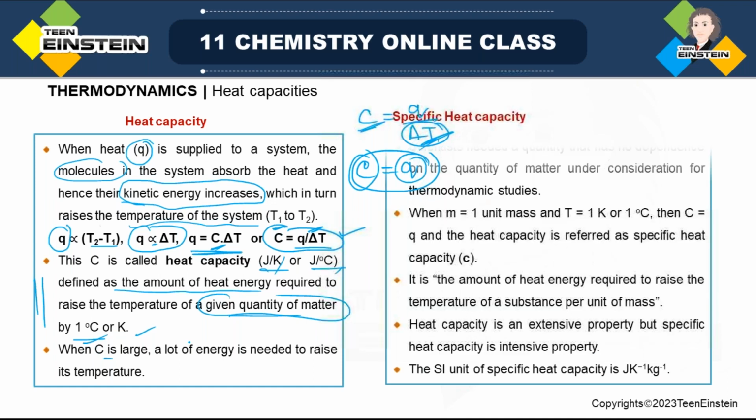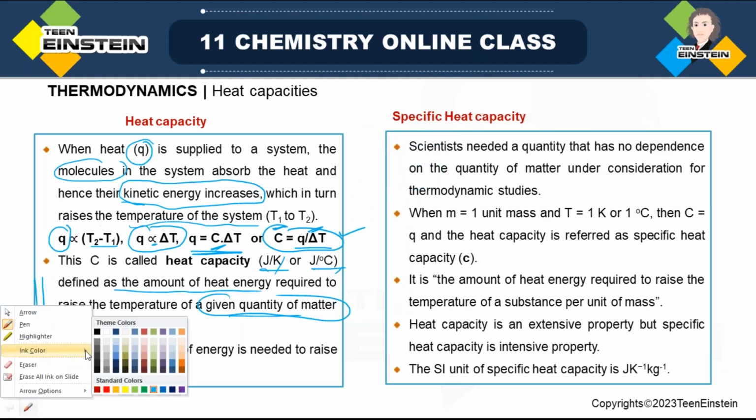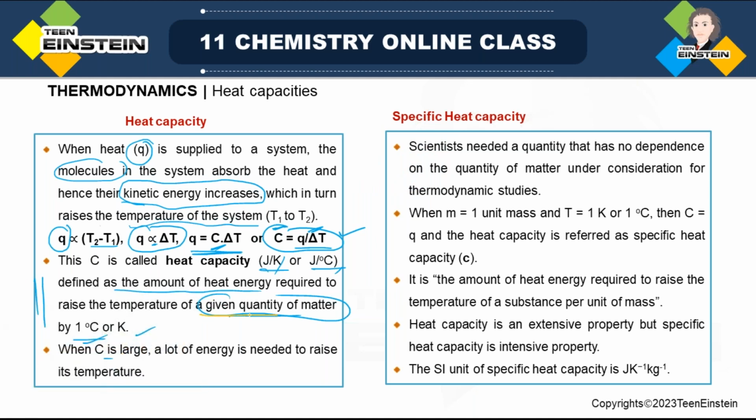Next, there is specific heat capacity. Now, what is the difference between specific heat capacity and normal heat capacity? That we will try to understand. Here it is mentioned given quantity, but what is the exact quantity is not written. But scientists needed a quantity that has no dependence on the quantity of matter.